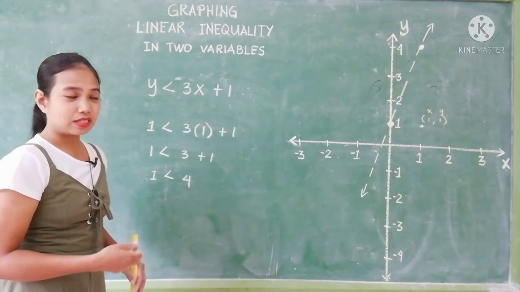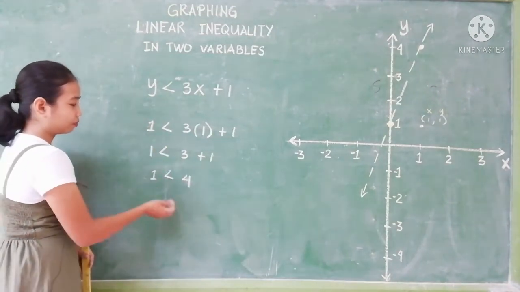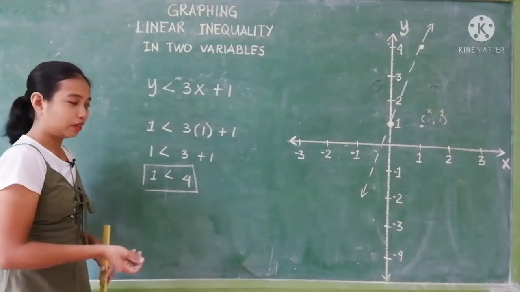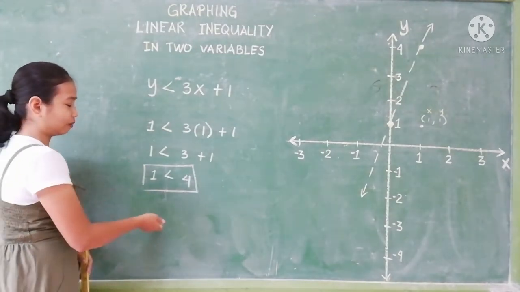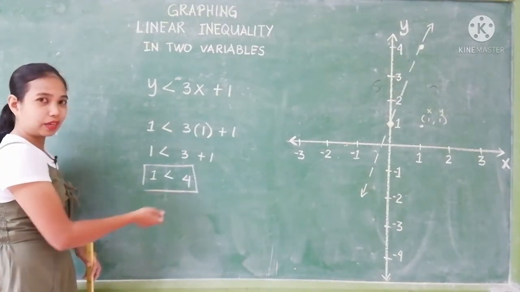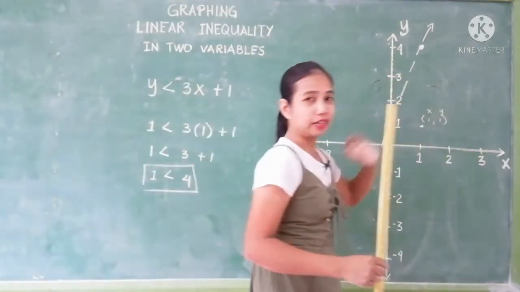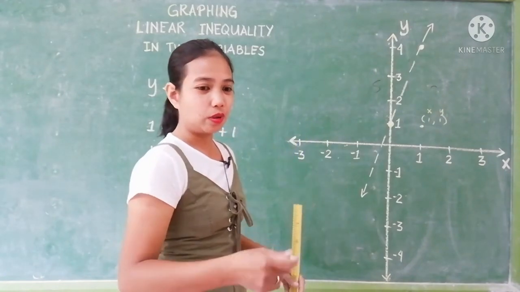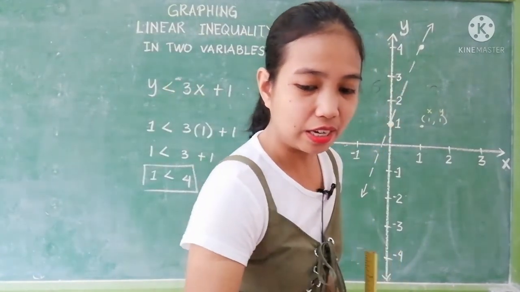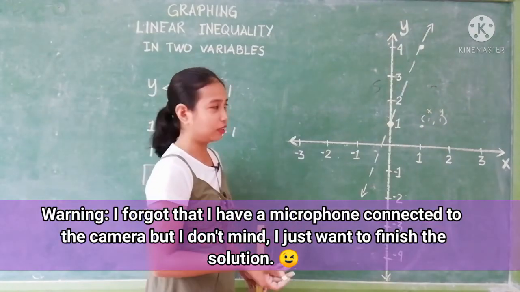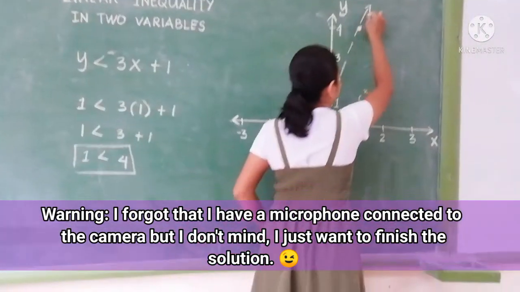Okay? Since tama ang ating solution or yung final answer dito, it will satisfy the condition which is 1 is less than 4. Okay? So, meaning to say, the portion at the right side are the solution. So, para ma-graph natin yan or to determine that that is the solution of the inequality, we will shade this part.